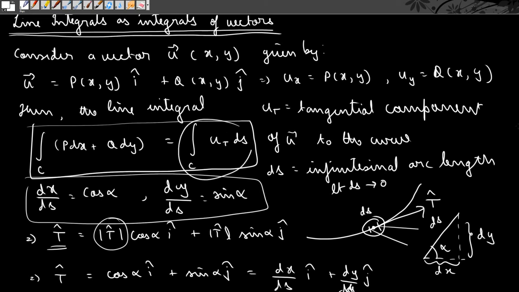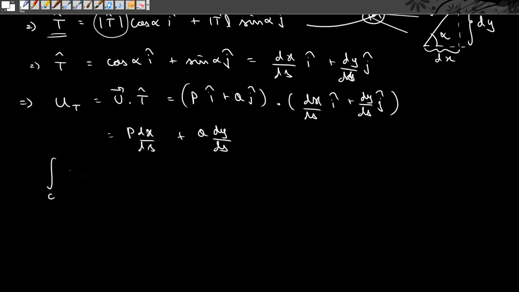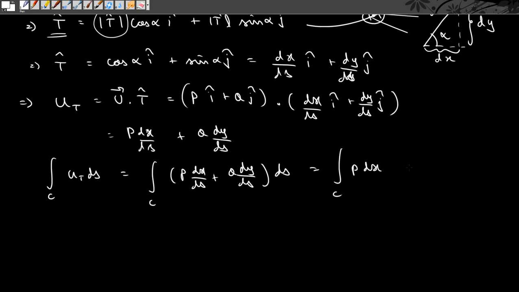So if I consider this here, the integral over C of u_t ds is equal to the integral over C of P dx by ds plus Q dy by ds, which is nothing but the integral over C of P dx plus Q dy.